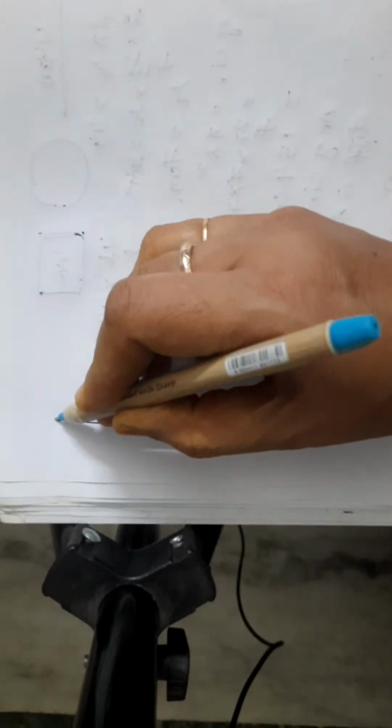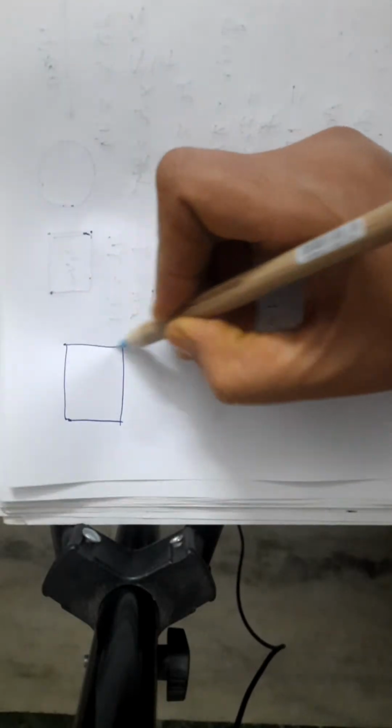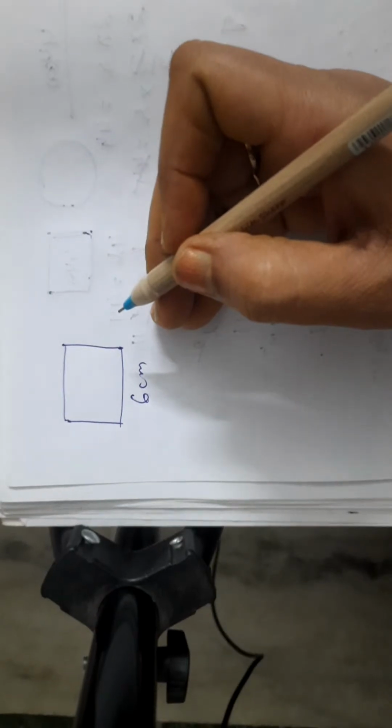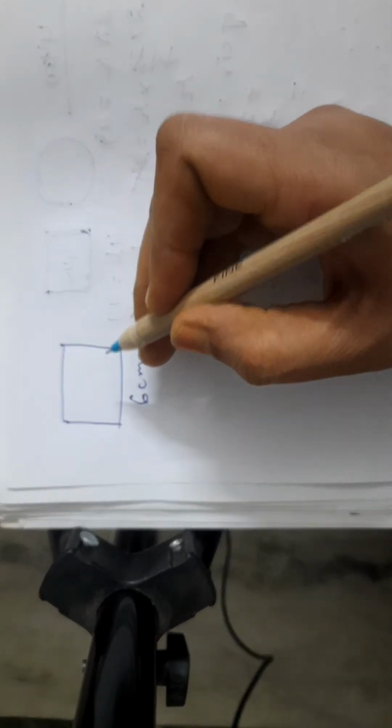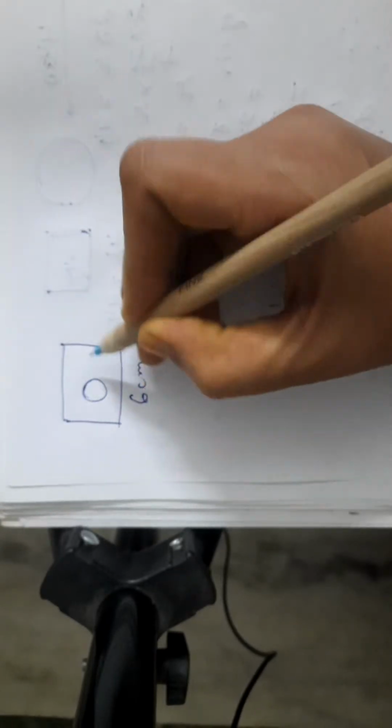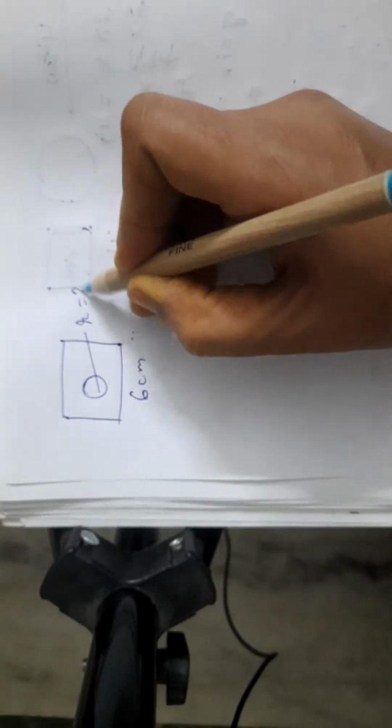So there is an aluminium sheet, a square of 6 centimeter. So it's a square sheet. Its side is given as 6 centimeter. Out of this, a circle of radius 2 centimeter is cut out. So we are removing the circle and its radius is given as 2 centimeter.